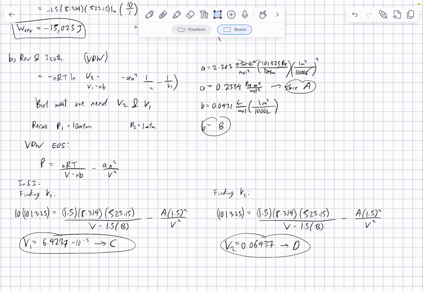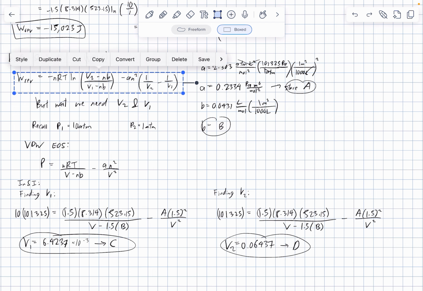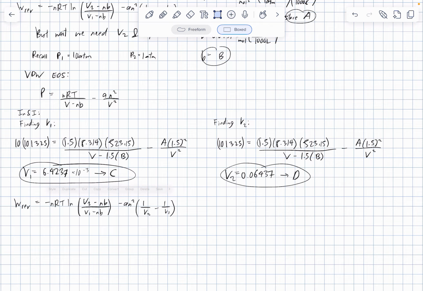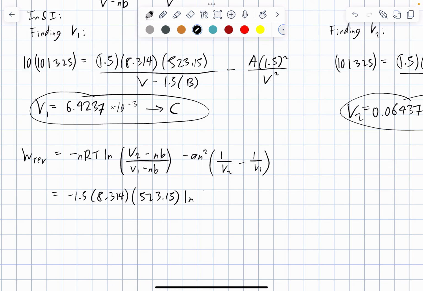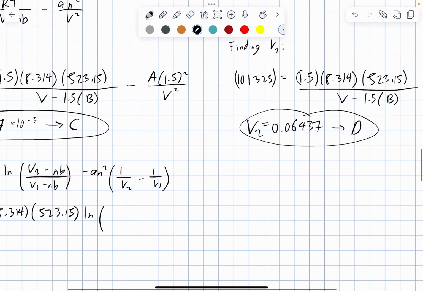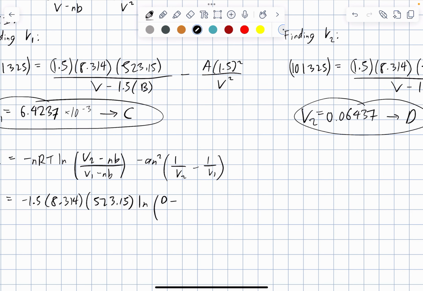We can go back to this whole formula. Substitute now, no? Negative 1.5 times 8.314 times the temperature 523.15 times ln of V2, which is D, minus 1.5 times b, over C, no?